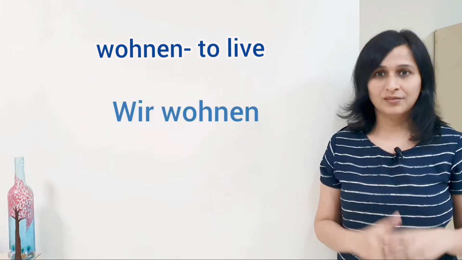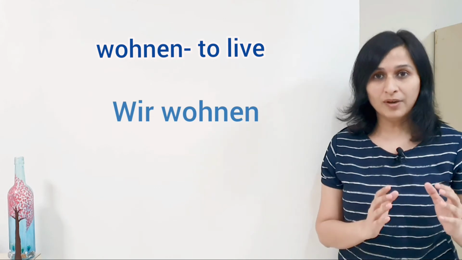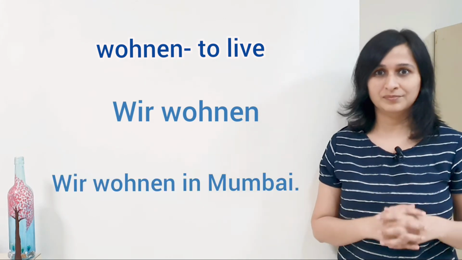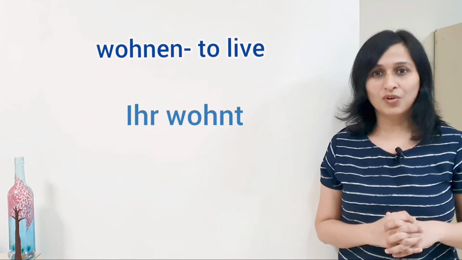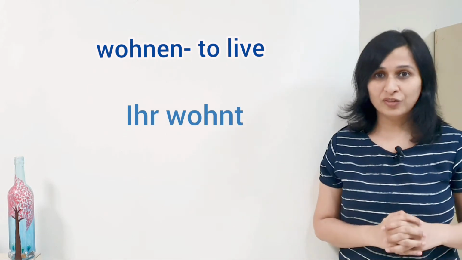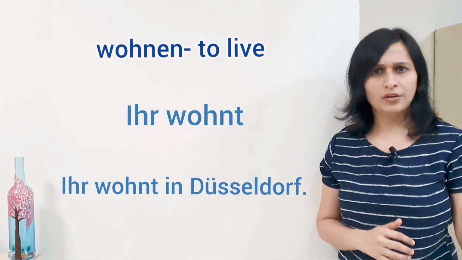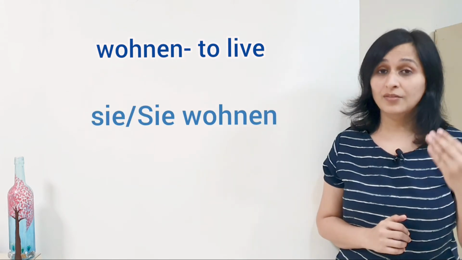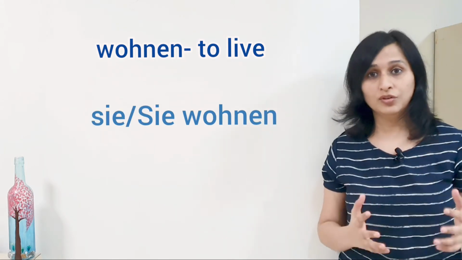Wir wohnen. We live. Zum Beispiel, wir wohnen in Mumbai. We live in Mumbai. Ihr wohnt. You both or you all live. Zum Beispiel, ihr wohnt in Düsseldorf. You all live in Düsseldorf. Sie wohnen. They live. You live.